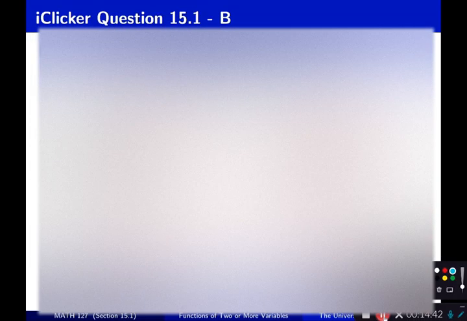iClicker question 15.1b. Match the function with its contour map. f of x and y equal to 4x minus 3y. So pause your video and come back and answer the question. So hopefully you paused your video and now you're figuring out that for all the contour maps you can plug in whatever value for k.